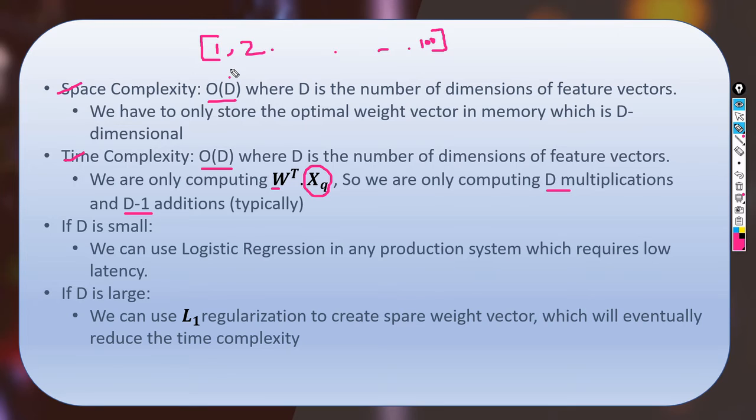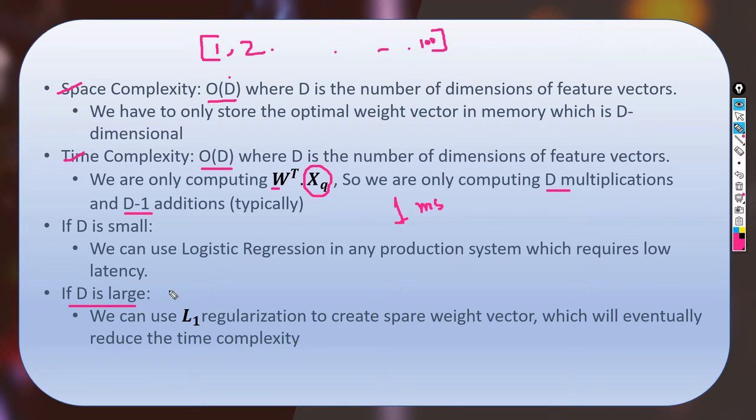And due to the very low time complexity, logistic regression is used in low latency applications, like where within 1 millisecond a user needs his response. So a logistic regression model will be deployed, and the user will give some query point, and it will immediately give the prediction, right? So basically, if D is small, we can readily use logistic regression in a production system.